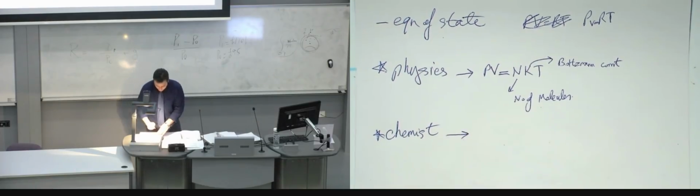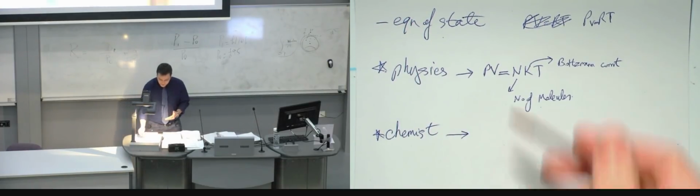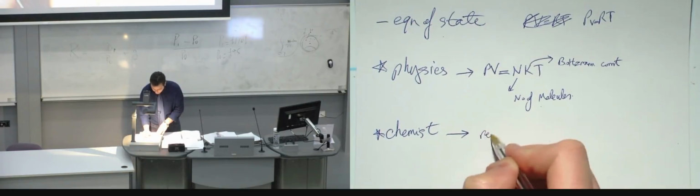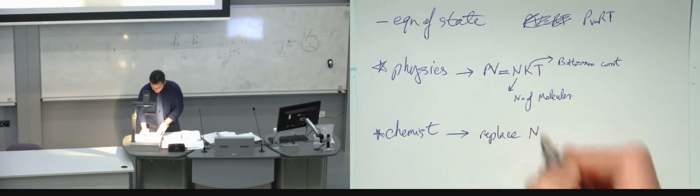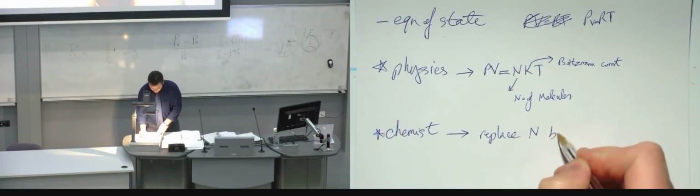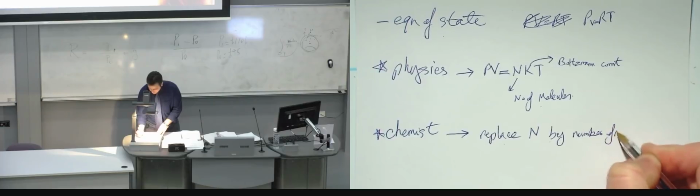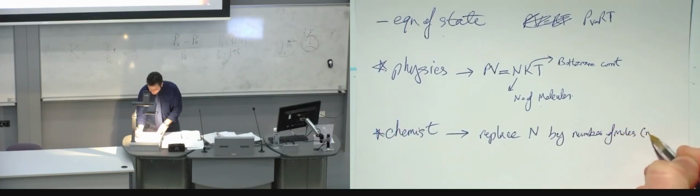So the way that chemists would convert this equation is they replace N, which is in this equation, by the number of moles, which is small n.